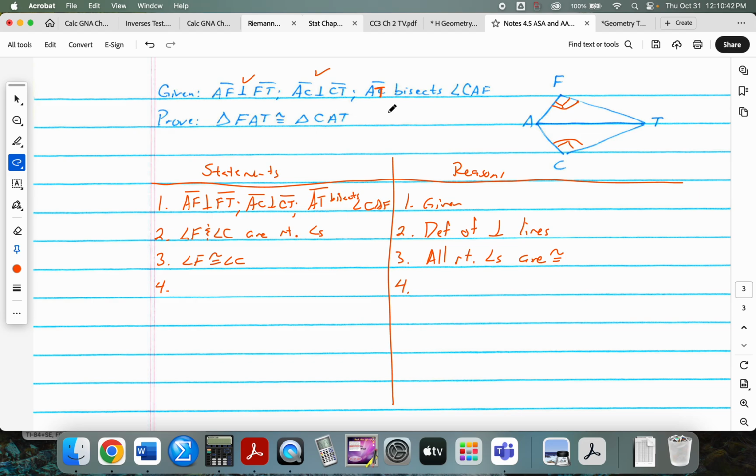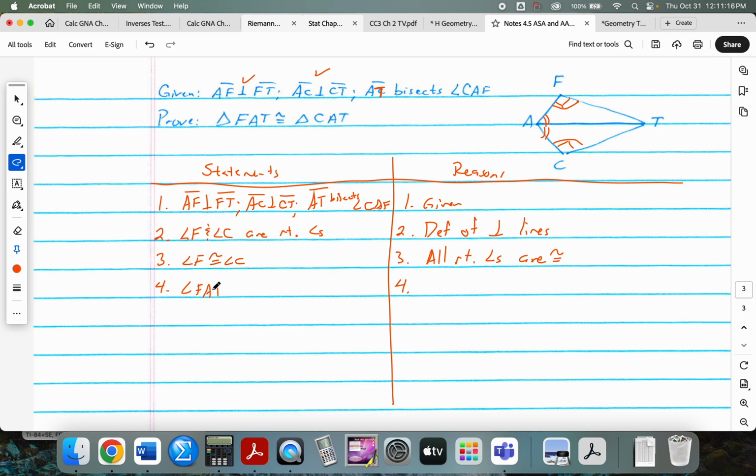Splits it into two equal parts, congruent. Okay, congruent, same thing. I'm hoping to get you to say what you mean, not mean what you said. So AT bisects CAF, so it's going to divide CAF into two smaller angles that are congruent to each other.